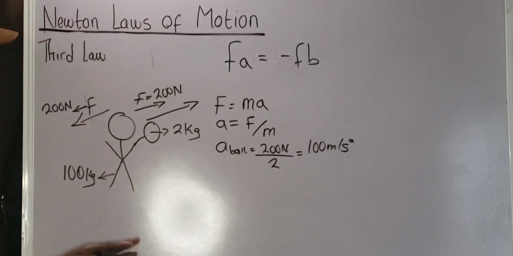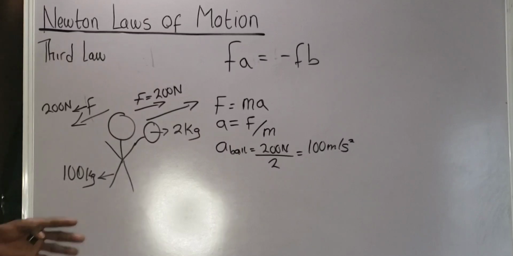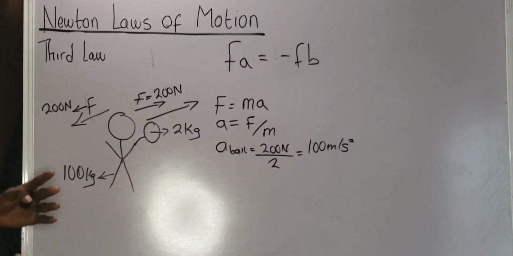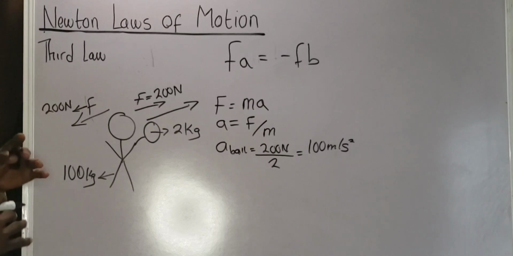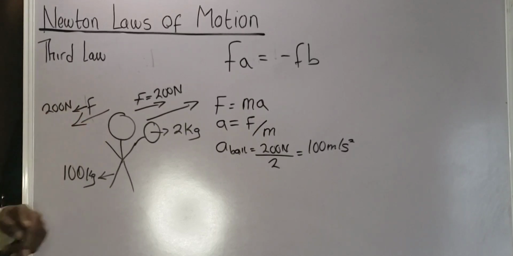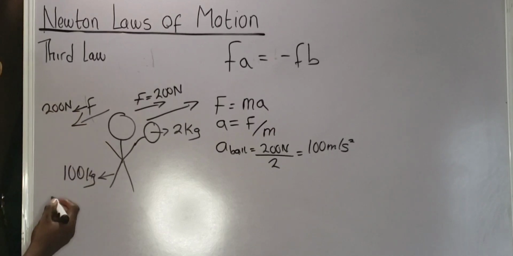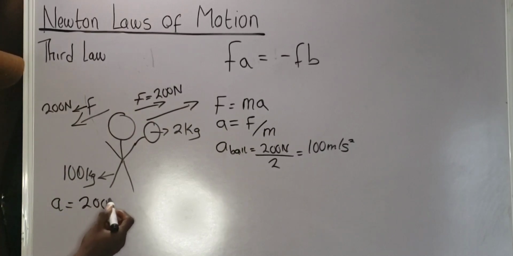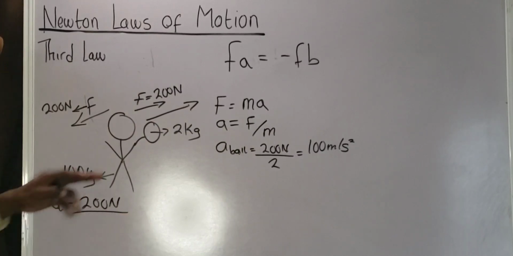You understand? Okay? Now let's find the acceleration of this person that threw the ball. It's going to have a negative acceleration because he moved opposite to the direction in which the ball is thrown. So for this I'm going to have a is equal to force, which is also the same, 200 Newton, all over mass.